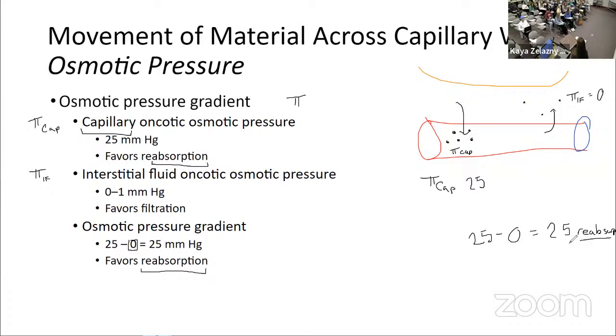But when we are calculating and we don't know what the overall situation is, it's standard for us to calculate filtration pressures. So as we start to put these equations together, we saw that that hydrostatic force was for filtration. So if we just treat everything as if it's filtration, we want our filtration minus absorption.